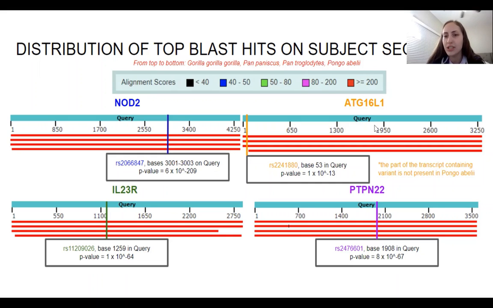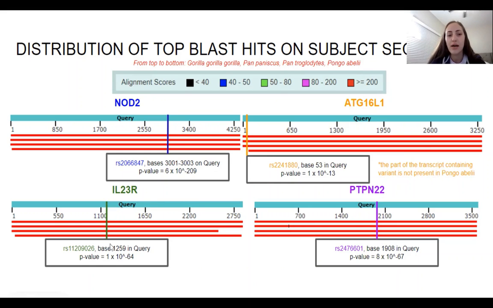When we look at ATG16L1 and the variant on this gene, we see that the sequence is also very strongly aligned, except for the sequence in Pongo abelii, which is significant. And then looking at IL23R, we have the variant that would take place around base 1259 in the query.